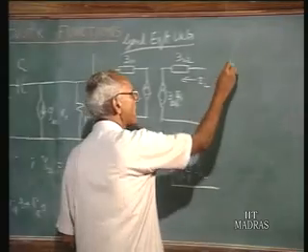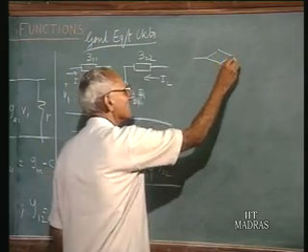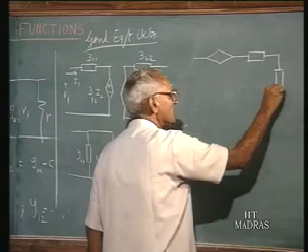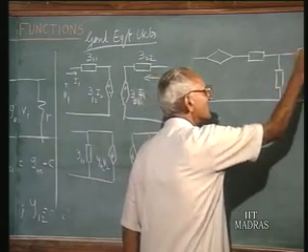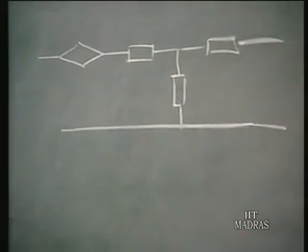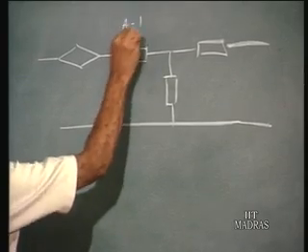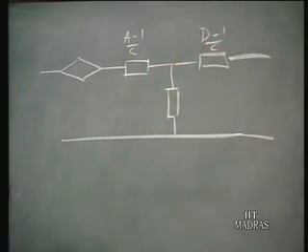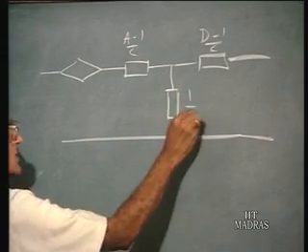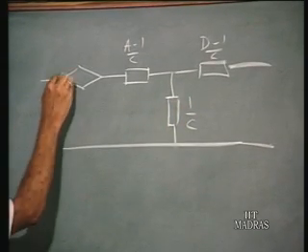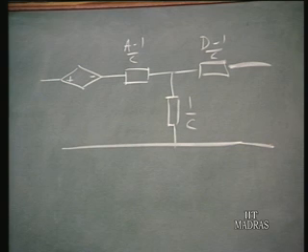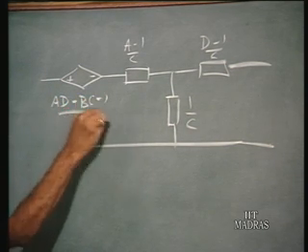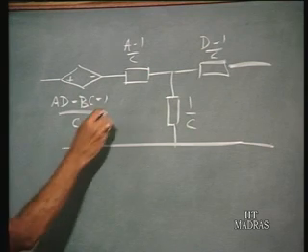And in the case of ABCD matrices, you can write this in this form. You have A minus 1 upon C, this is an impedance. This is D minus 1 upon C, that is also an impedance. 1 over C is an impedance. And in addition, you can have a dependent source which is AD minus BC minus 1 divided by C times I2.